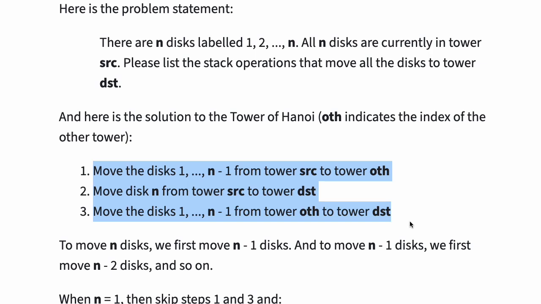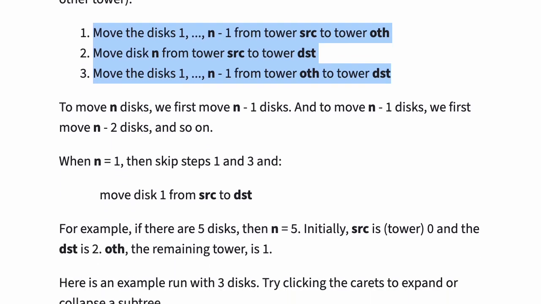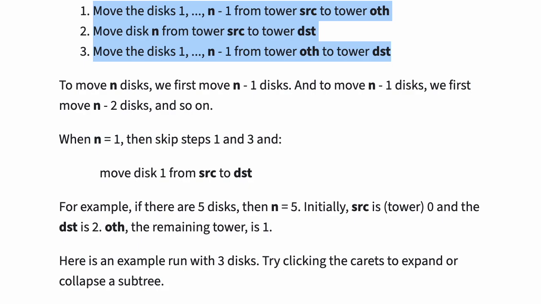To move n disks, we first move n-1 disks, and to move n-1 disks, we first move n-2 disks, and so on. When n equals 1, then skip steps 1 and 3 and move disk 1 from SRC to DST.